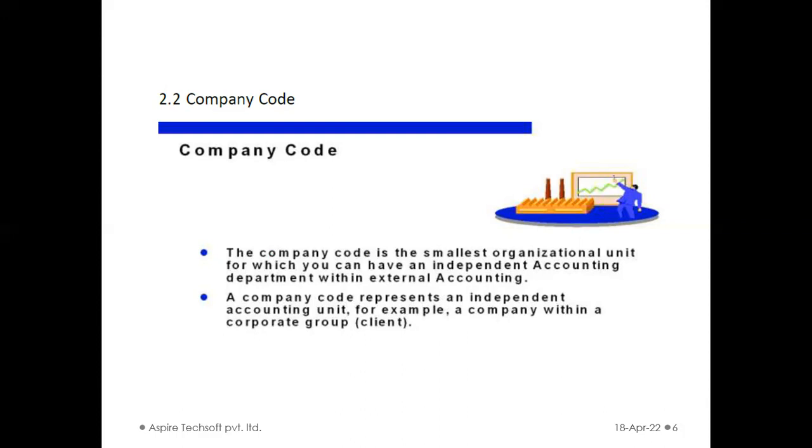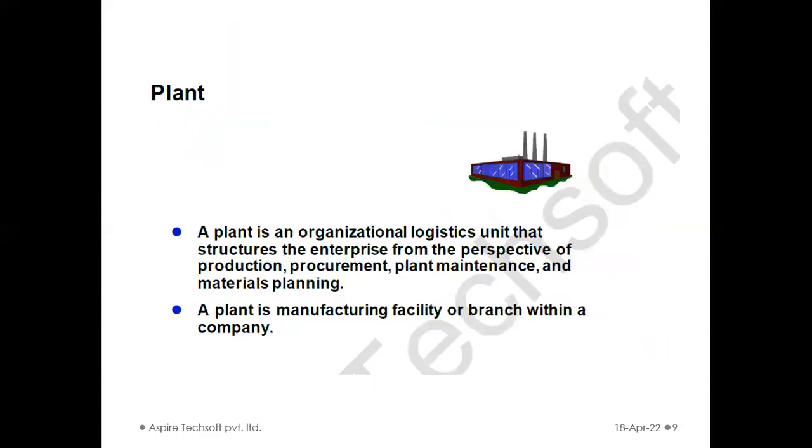Plant. Plant is an organizational unit within a company where activities are taking place. A plant will produce goods and makes goods available for the company.